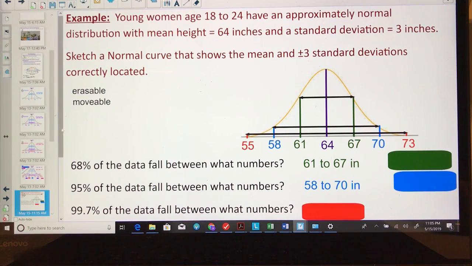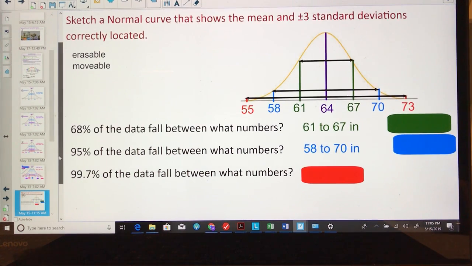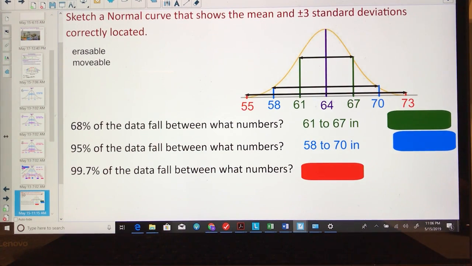And 99.7% fall between what numbers? That's going to be 55 to 73. So 2 standard deviations away from the mean. Remember, anything bigger than that is our outlier, bigger or smaller. So this is 2 standard deviations away right there. So anything smaller than 58 would be an outlier, or anything larger than 70 would be an outlier.